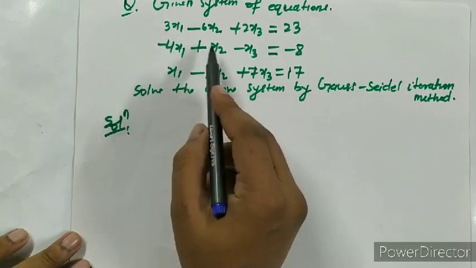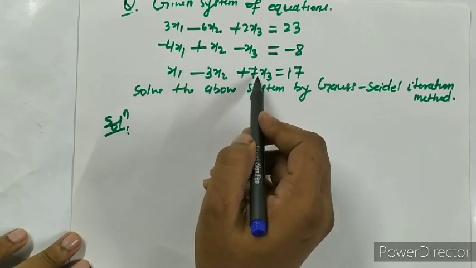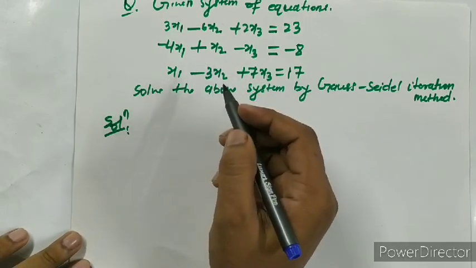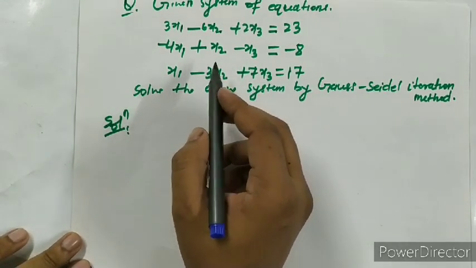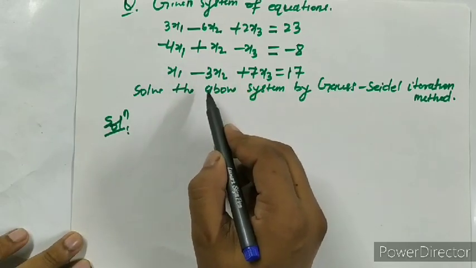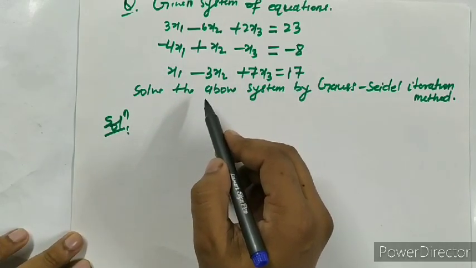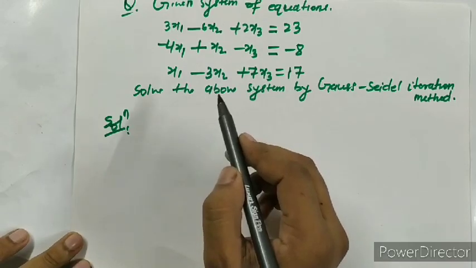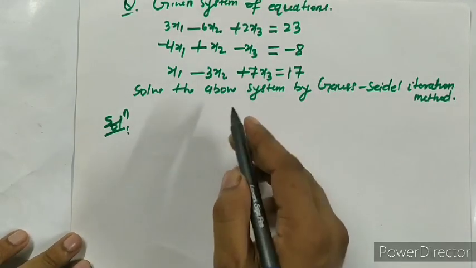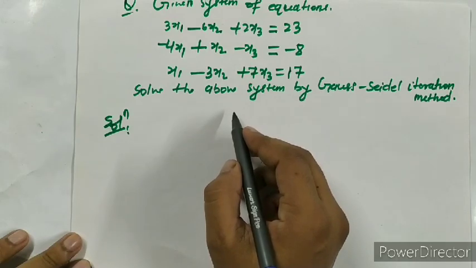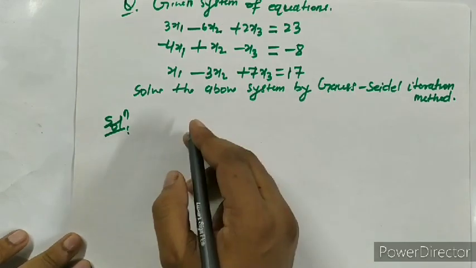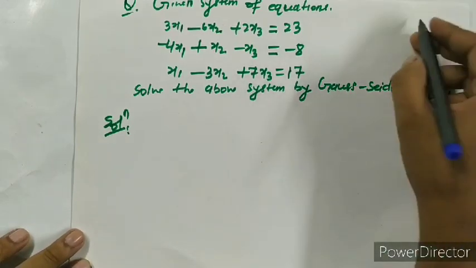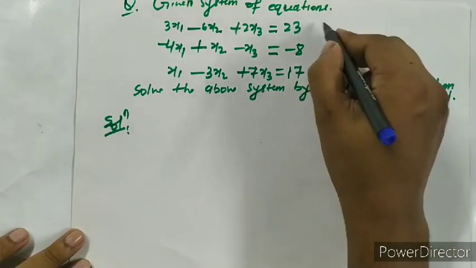That means 3, 1, 7. Is it clear? This is already non-zero. In next step, what we have to check whether its coefficient matrix is diagonally dominant or not. If not, then we have to exchange the equation for finding the diagonally dominant matrix.